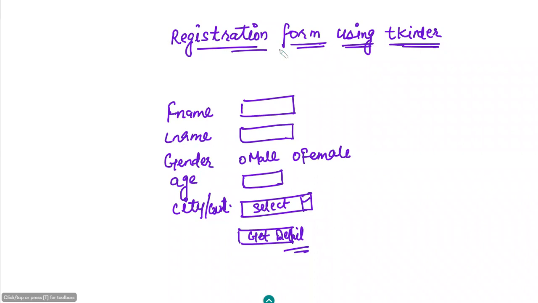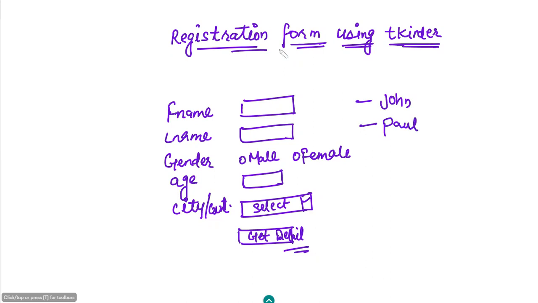So suppose the user enters their first name, like John. John is the first name, and the last name is Paul, right?